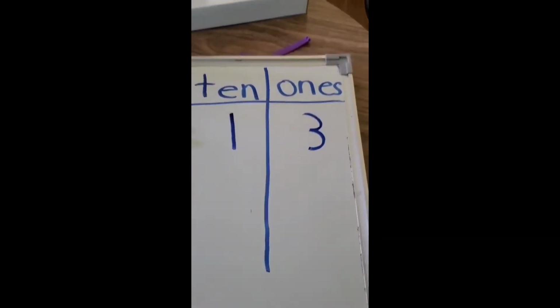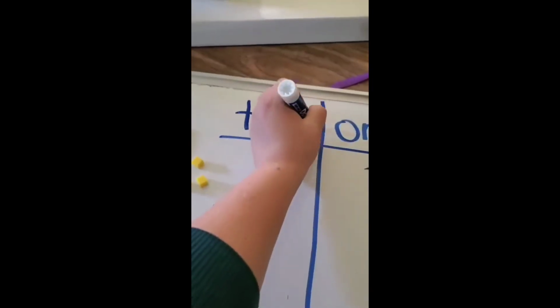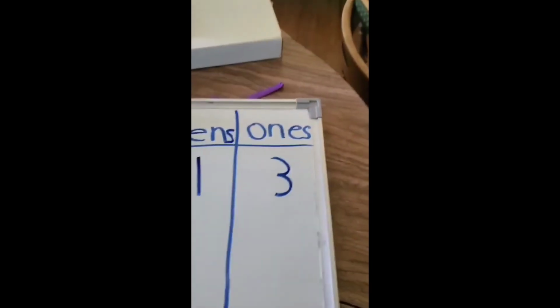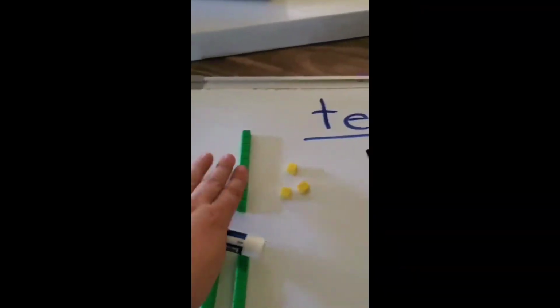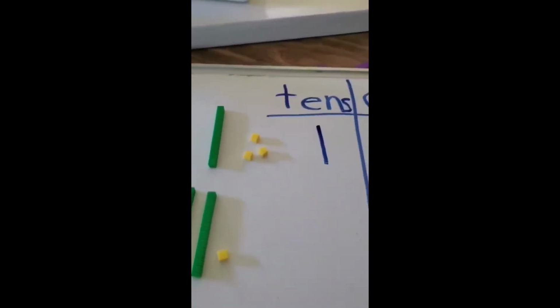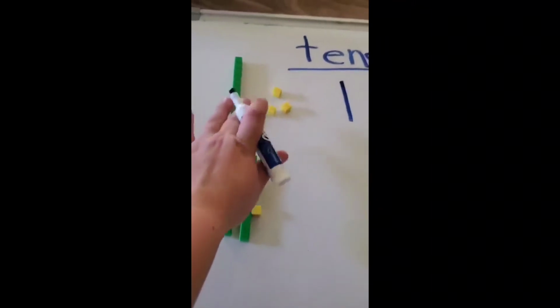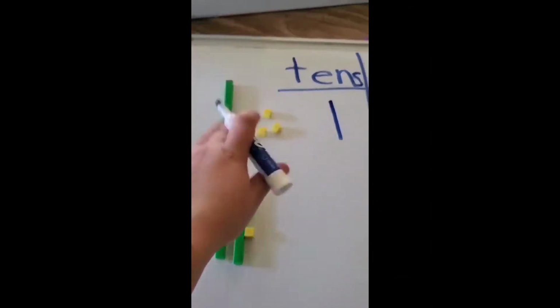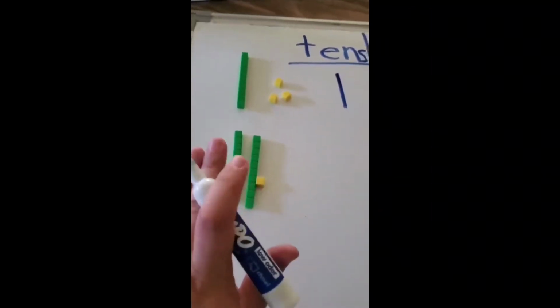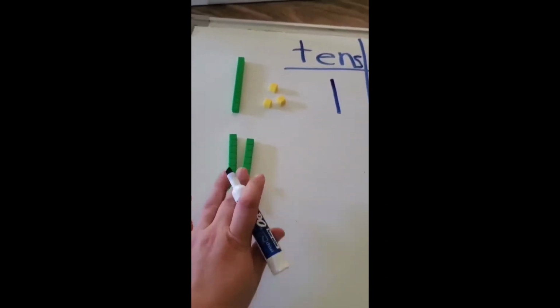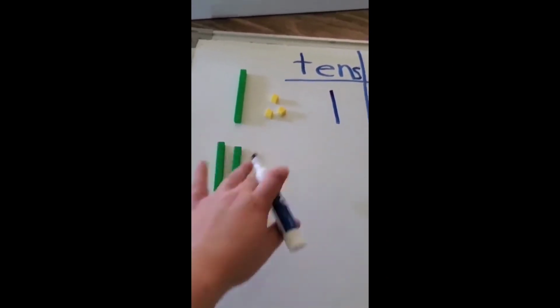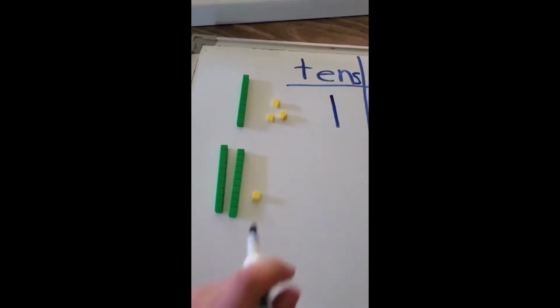So do you see that? Tens, whoops, I forgot an S up here. Tens and ones, okay? And right here I have 13, right? So now, remember, there was 13 black and then 21 red. So I have 21 in my rods and units right now.